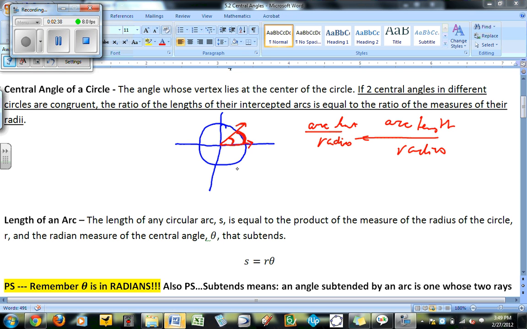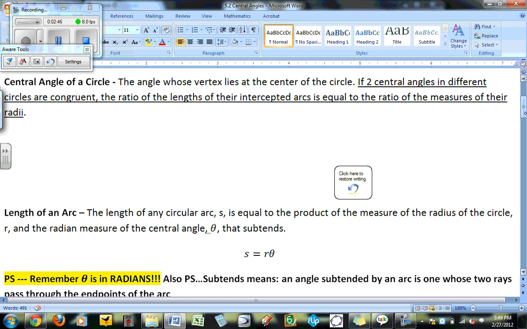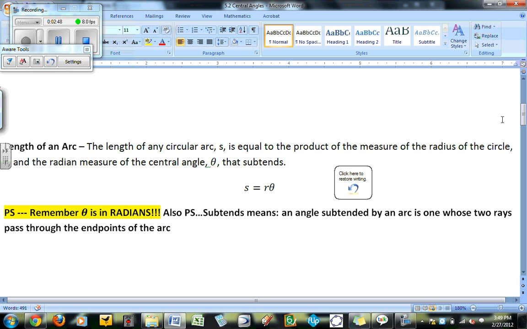All right, and so let me explain the formula of arc length and why it's important that it's in radian measure. If you notice, there's a nice little keyword that I put in a PS: remember theta is in radians. The difference between radians and degree measure is that the radian was dealing with the unit circle, and it was actually dealing with the arc length.